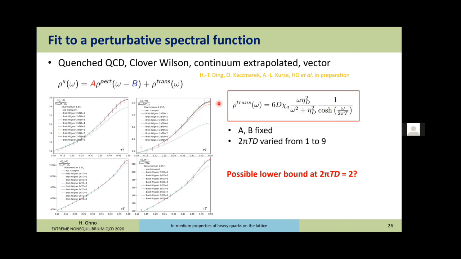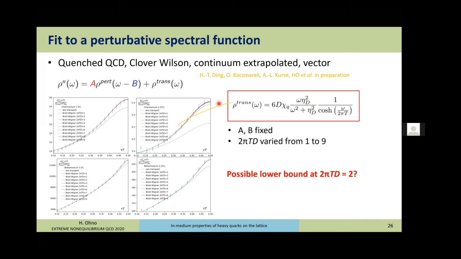So how much do you need to further reduce the errors to get a much more quantitative estimate? That is a good question. At some point I estimated the contribution of the transport part to the entire spectral function, and I found that it is quite small.